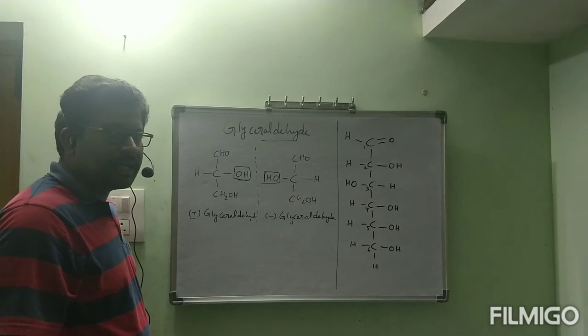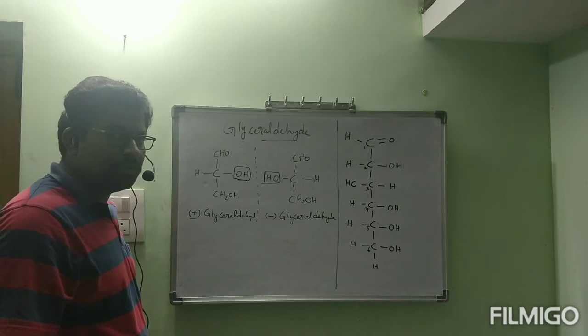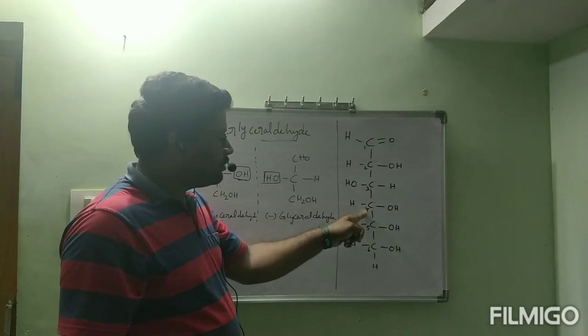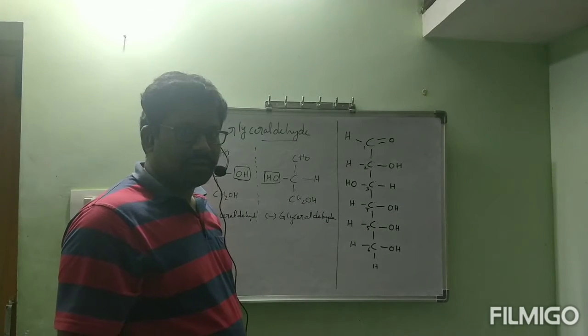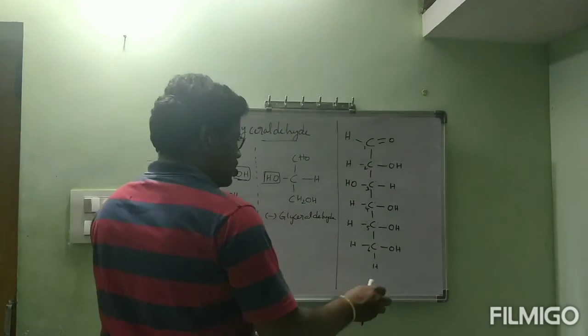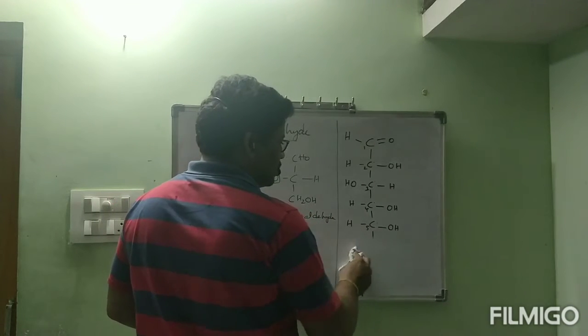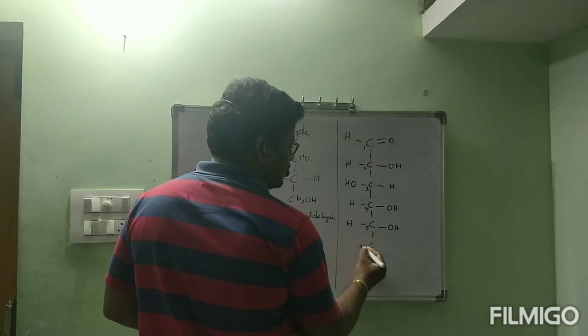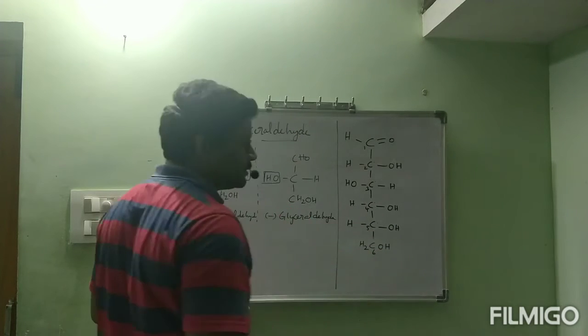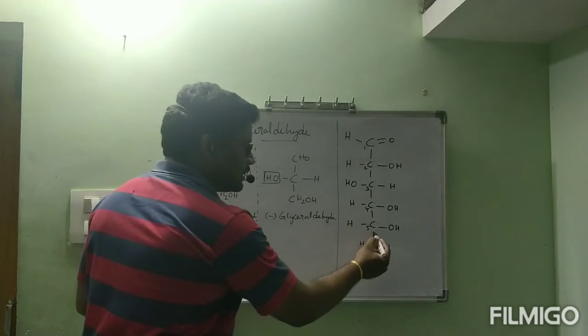Now I am writing this glucose molecule as CH2OH. This is the 6th carbon.